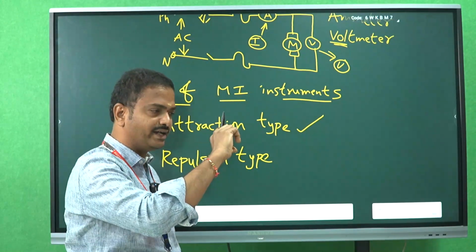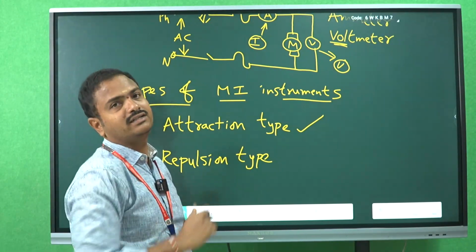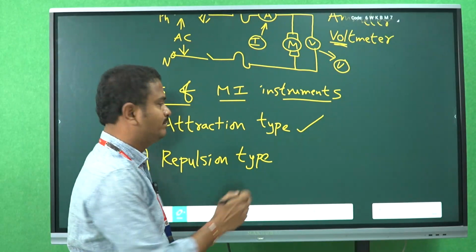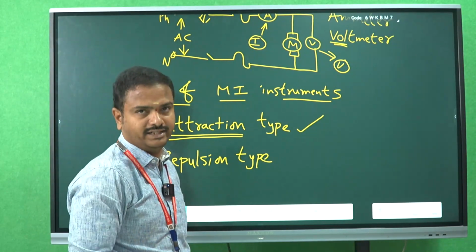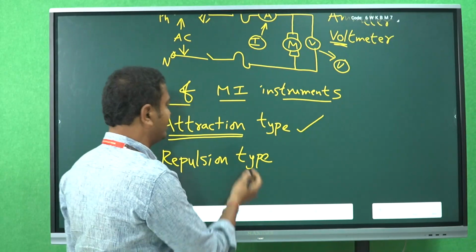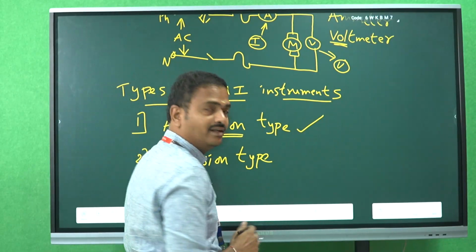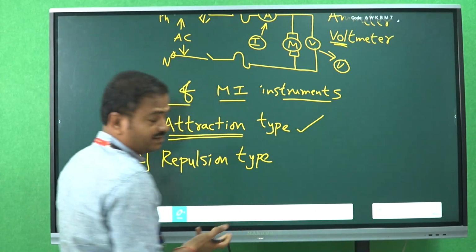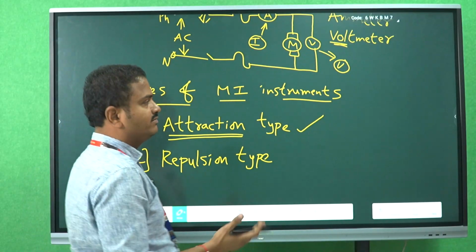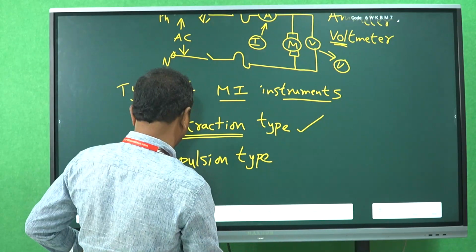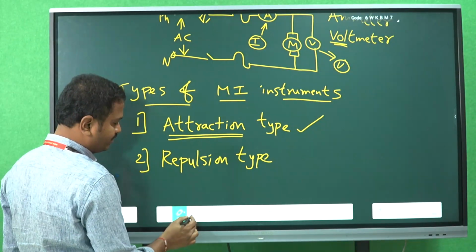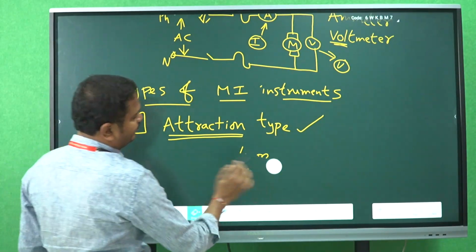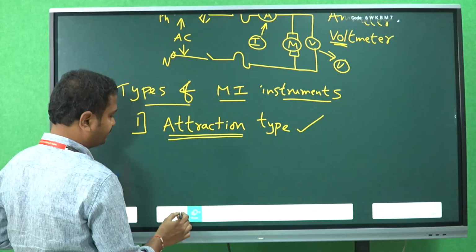That means an attraction force will be exerted on the moving plate. In this way attraction type instruments measure current and voltage values. Clear? In our syllabus, in this session, I will explain about attraction type MI instruments.